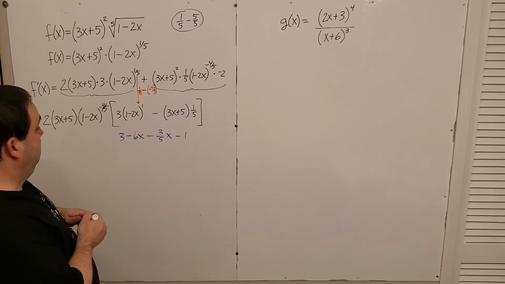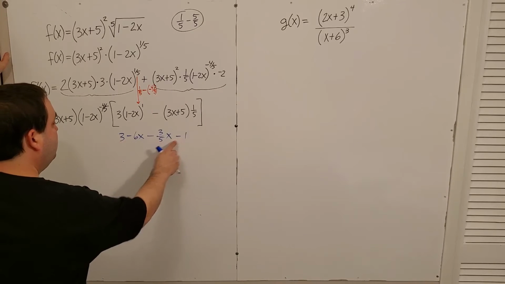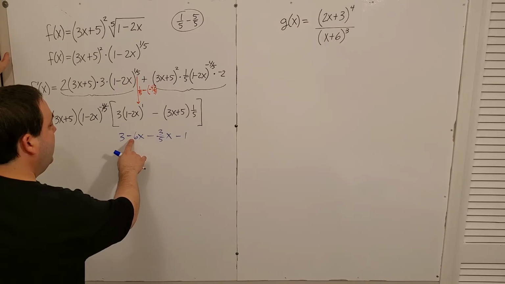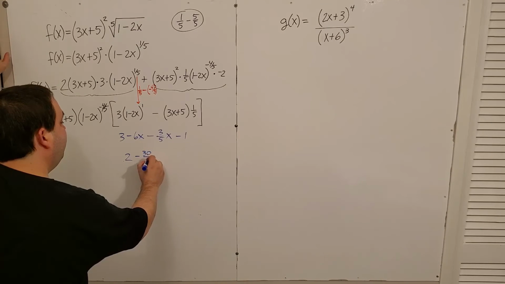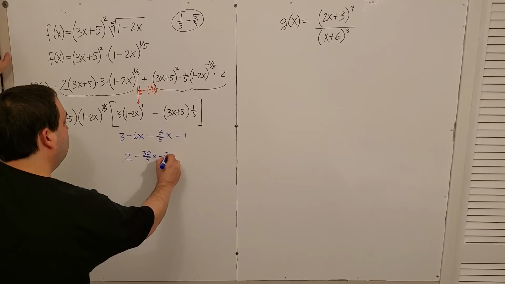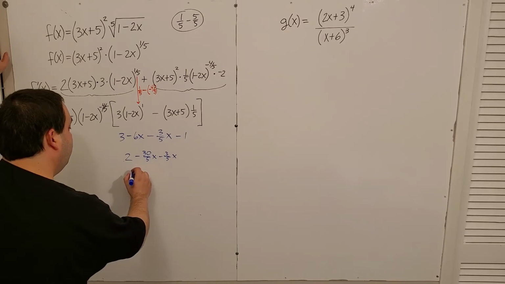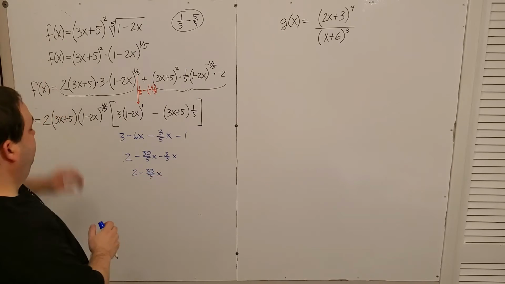But simple enough, it'll be all right. I've got 3 minus 1, which is going to give me a 2. And then I've got negative 6 minus 3/5. But negative 6 is the same thing as negative 30/5. Like this, right? So I end up with 2 minus 33/5 x.